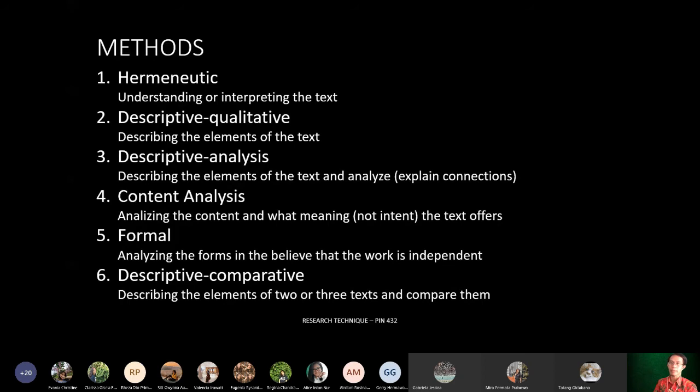Or you can also make the comparison between the work and its adaptation in the forms of movies or songs or paintings. So this is also descriptive comparative. You try to describe and then compare the elements of this work.